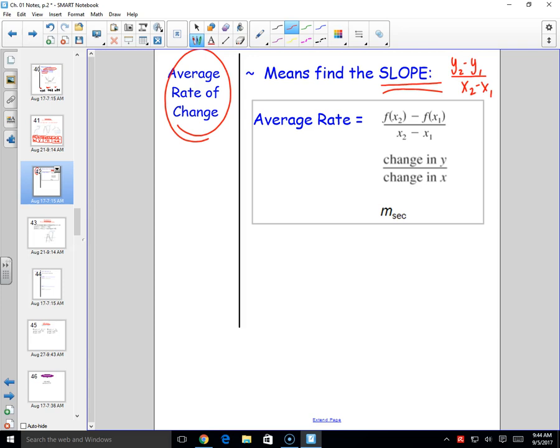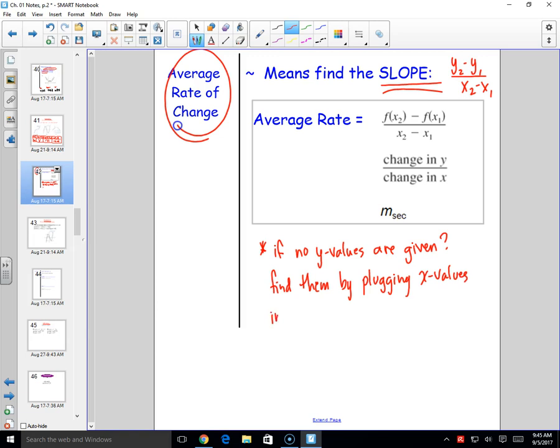The problem is, what if they don't give us any y values?